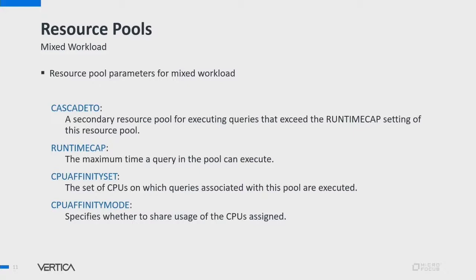The solution for this kind of workload is cascading resource pools. The parameter shown here, cascade to, can be used to move a long-running query to a secondary pool based on the runtime cap settings. We can also restrict the query to use a subset of CPU cores by setting CPU affinity set as well as CPU affinity mode.